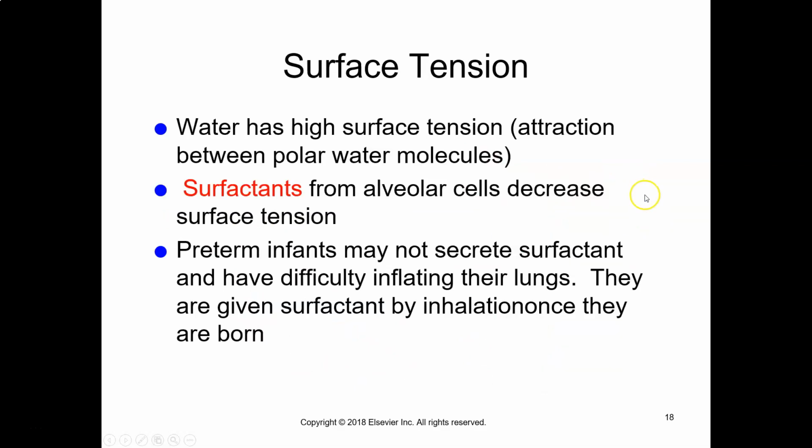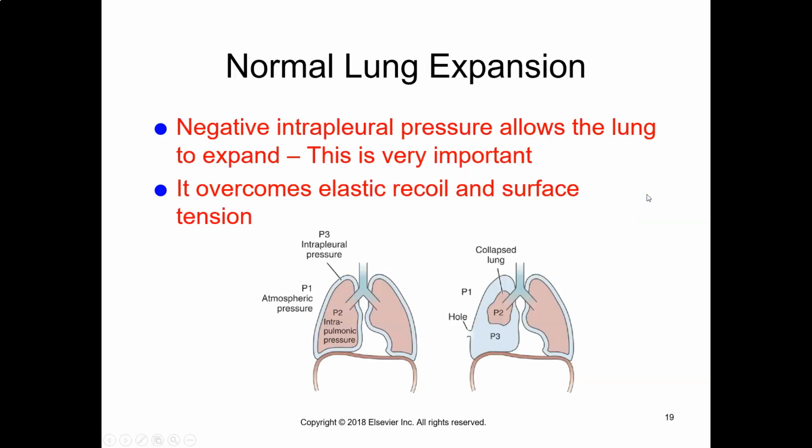Water has high surface tension, and surfactants decrease that surface tension. So in normal lung expansion, negative intrapleural pressure allows the lung to expand. And this is very important for you to know. It overcomes elastic recoil and surface tension. We'll talk about that a little bit later.